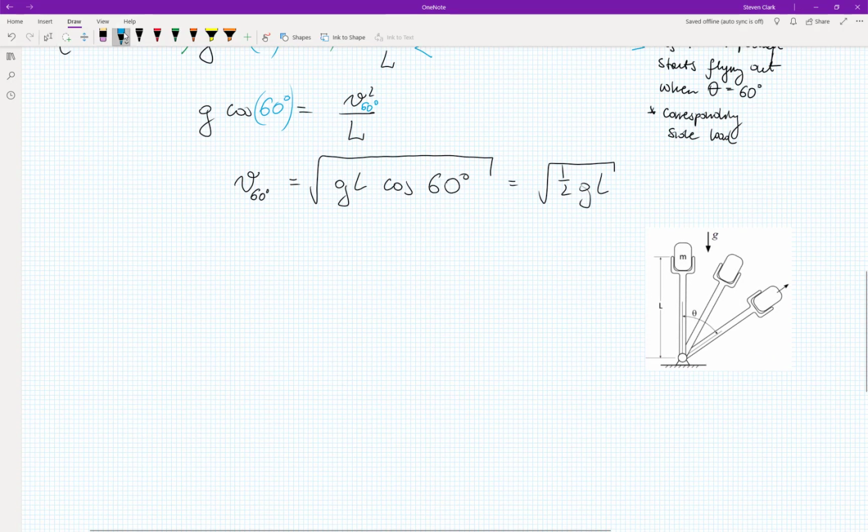So we know that this is our trajectory. We know that this velocity here is the square root of 1/2 gL. We know that it starts from rest, so v0 is 0. And I believe we know the length of that arc, because theta is equal to 60 degrees.